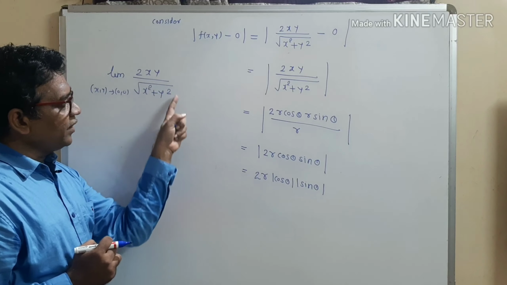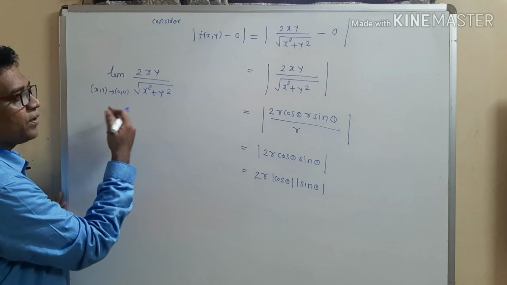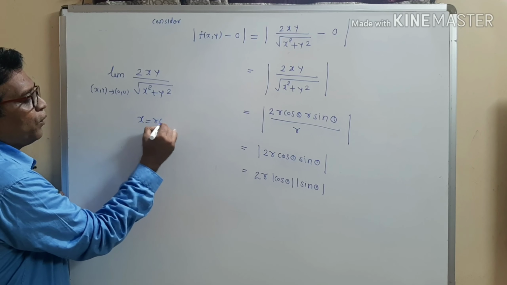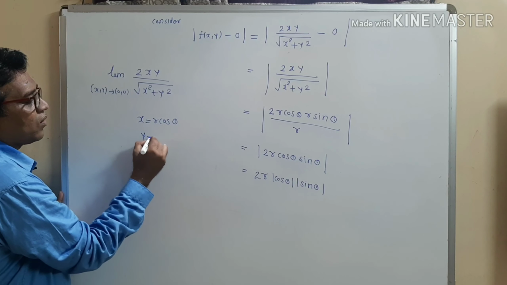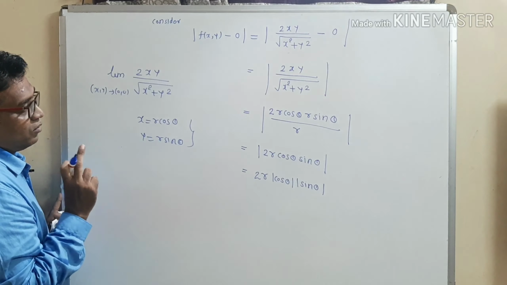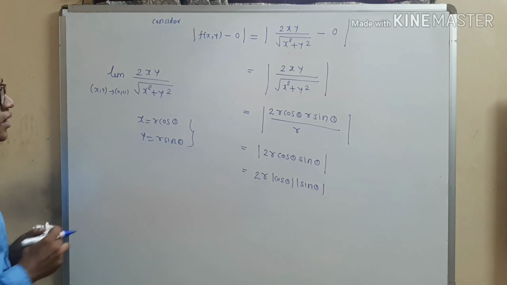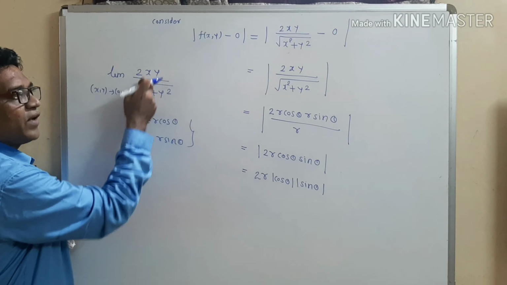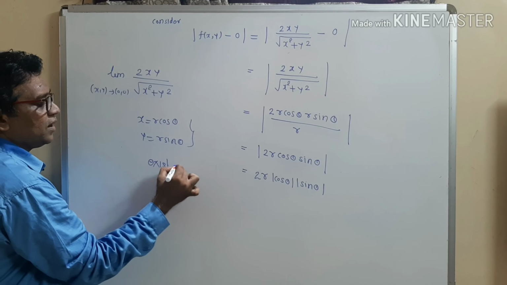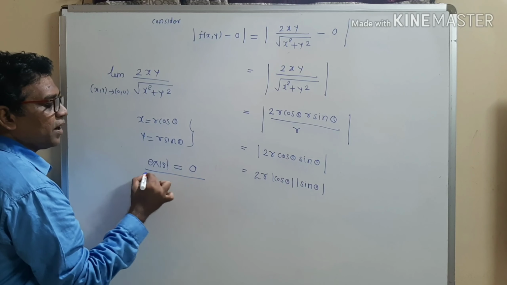If the denominator contains the factor x square plus y square, then always we put the polar coordinates x equal to r cos theta, y equal to r sin theta. What is our next observation? If the denominator contains the factor x square plus y square, then we can find its limit, and always it is given by the value 0.